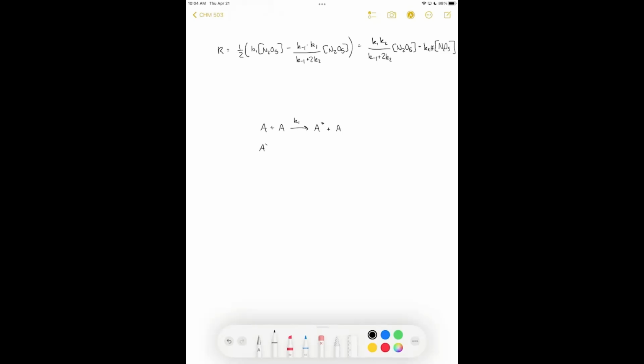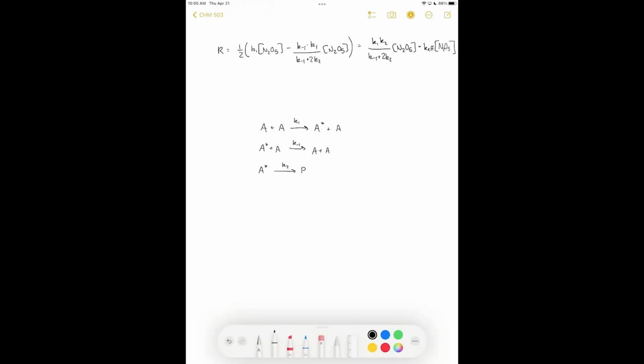This A star can hit either the same or another molecule of A and revert, so we'll go back down to A plus A. So no reaction happened here. Let me be a little bit clear, this is k minus 1. Another possibility is that this molecule that has enough energy can also just react and form the products, whatever they are, with a rate of k2.